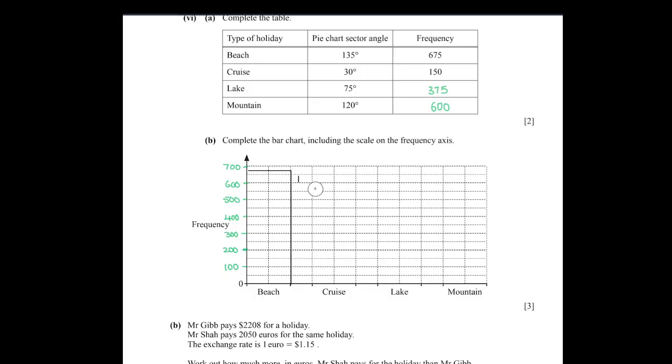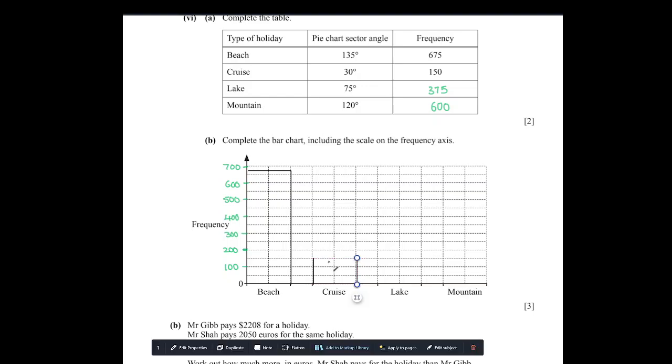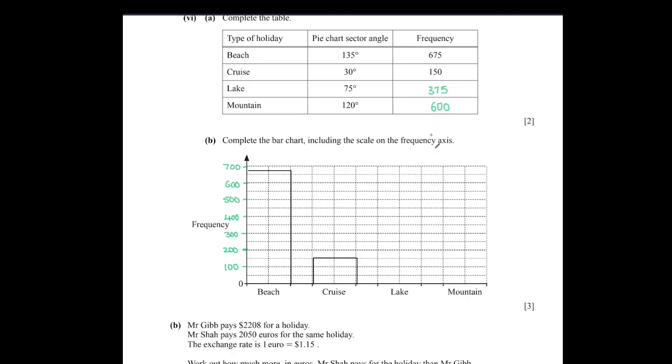So this is for beach. And then next is for cruise. So cruise is 150, so it will be exactly in between 100 and 200. This is 150. Lake is 375, so 375 will be between these two lines, so take that.